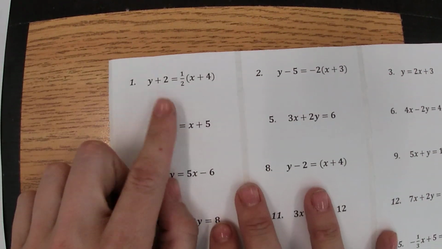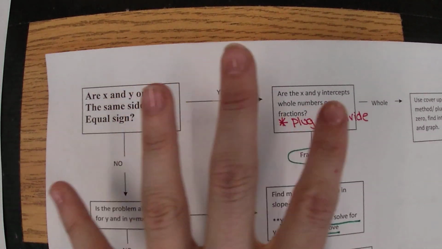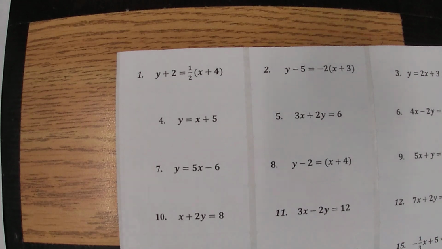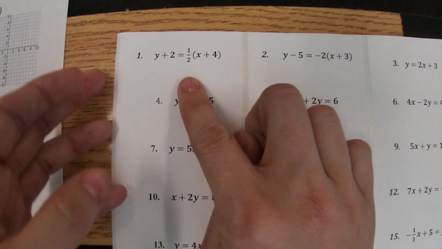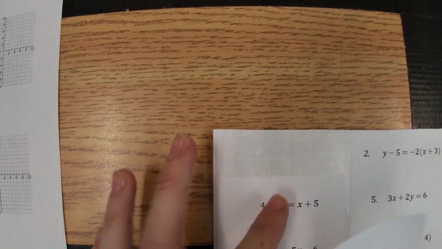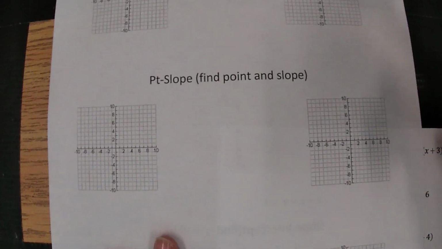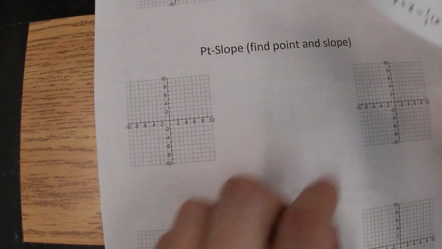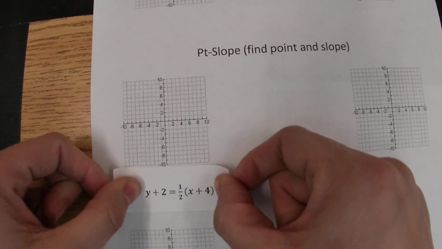Okay, you are going to look at the sticker and you are going to decide what form that is in. You can either use the flow chart to help you, or maybe you just recognize it by looking at it. So if you look at this and you say, okay, I recognize that this is in point slope form, you're going to find the category of point slope form and you're going to stick that sticker underneath the graph.